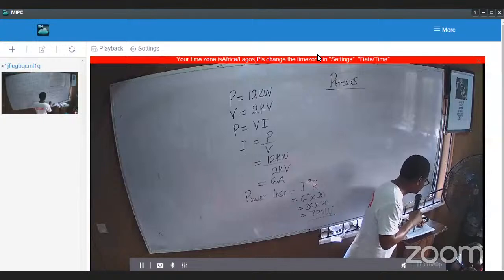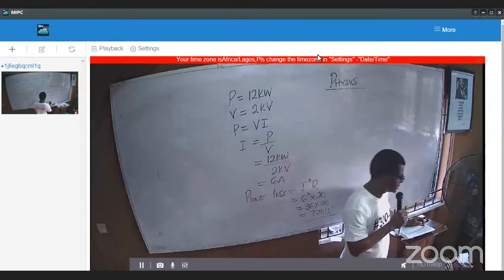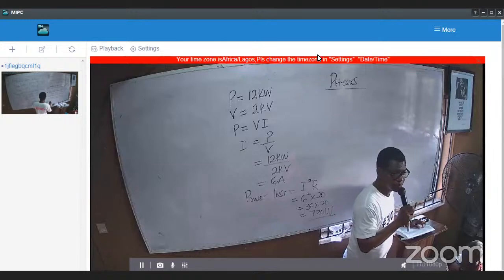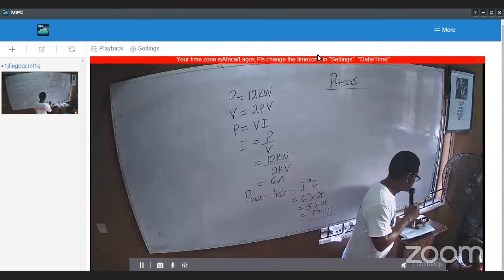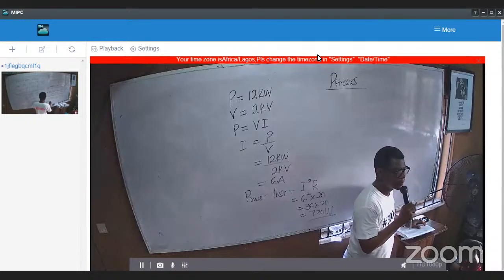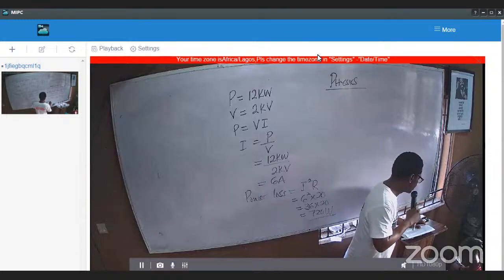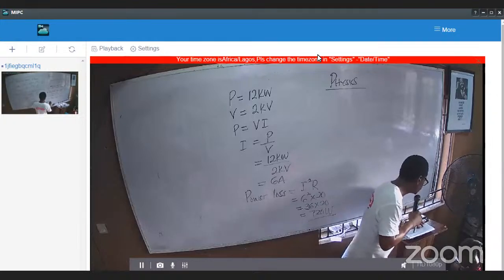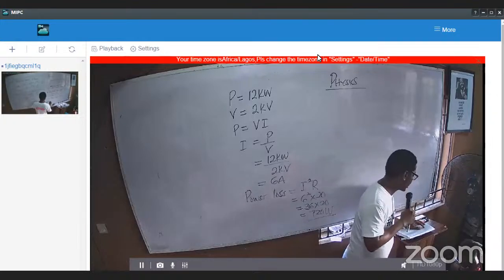Number 6. The electricity meters in houses measure energy units consumed in. Option A, kilowatt hour.